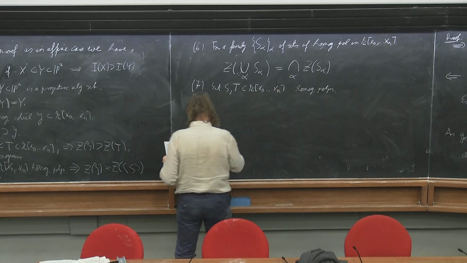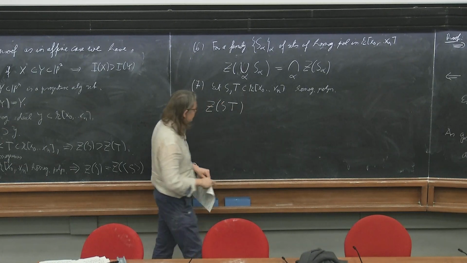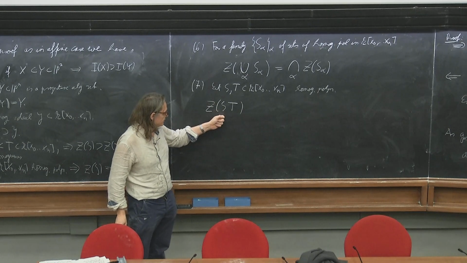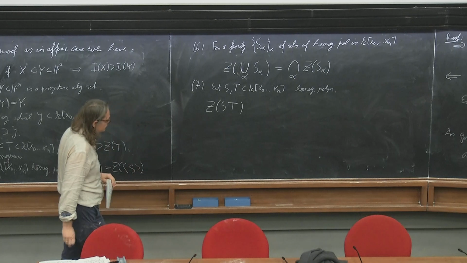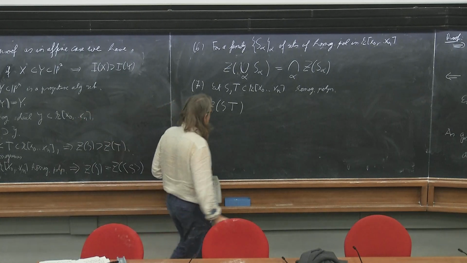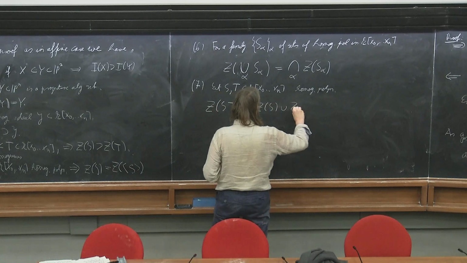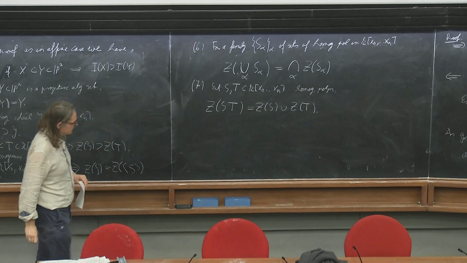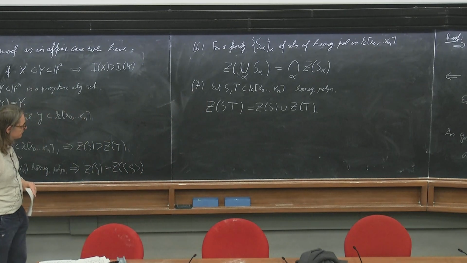Then, if I take the zero set of S times T, so all the products of one element of S and one in T, obviously these products will also all be homogeneous, because the product of two homogeneous polynomials is homogeneous, this is the same as the zero set of S union the zero set of T. And this is also quite obvious, in the same way as it was in the affine case.